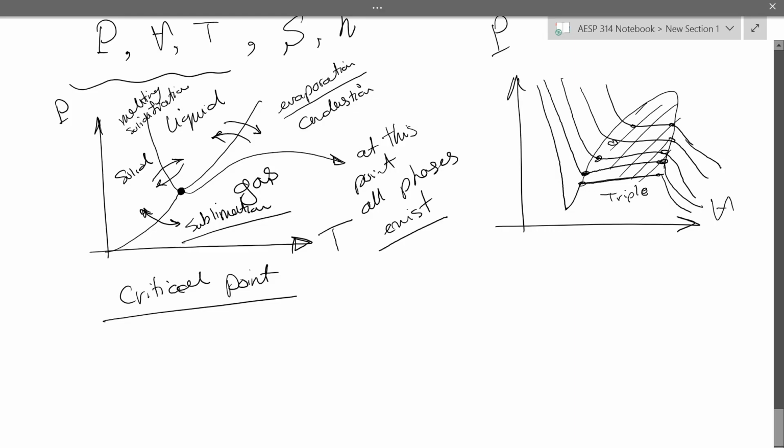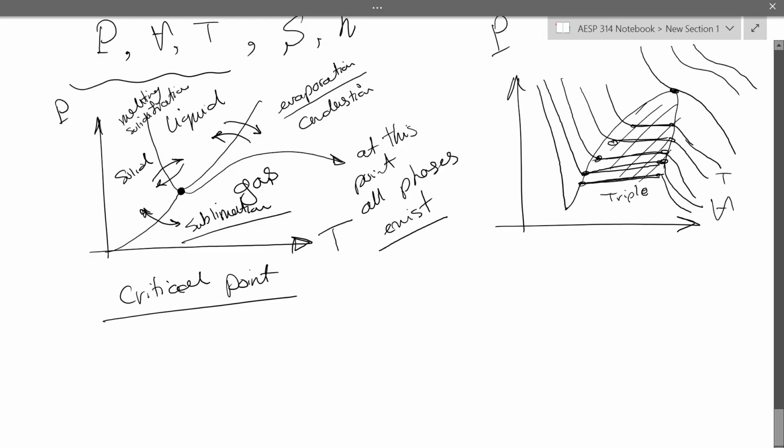For temperatures smaller than critical temperature, you will always see this straight line. At the critical temperature, your line becomes like this, and as you go higher than critical temperature, your line goes outside of this region.